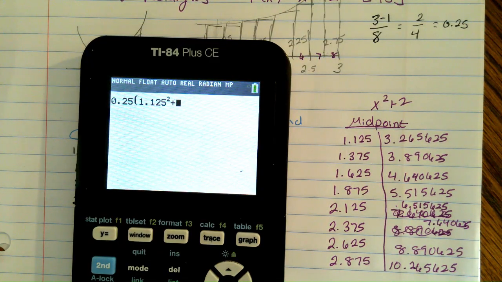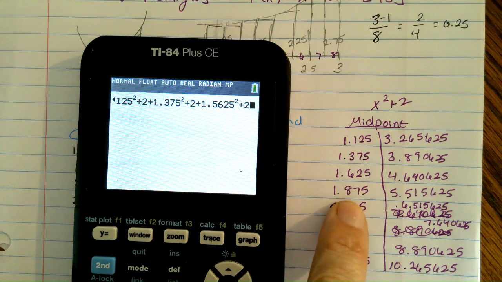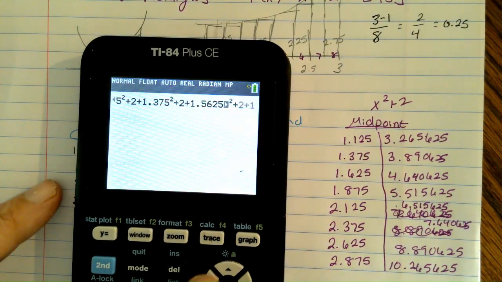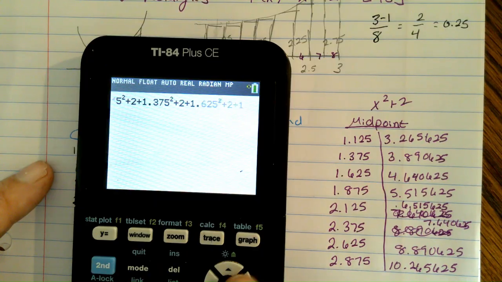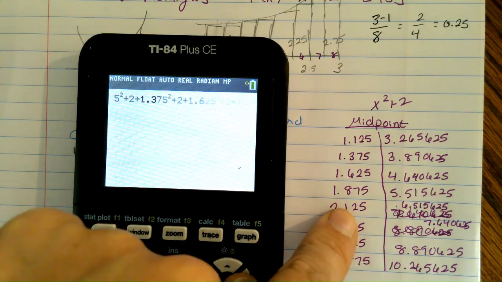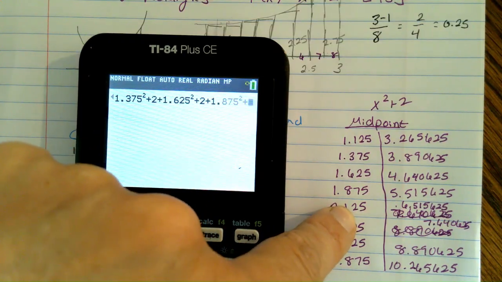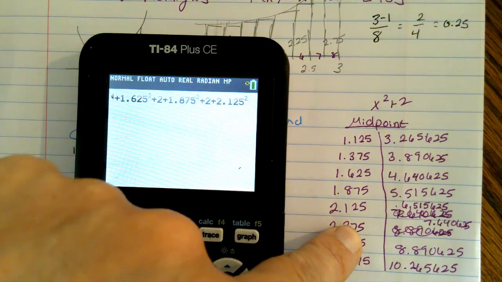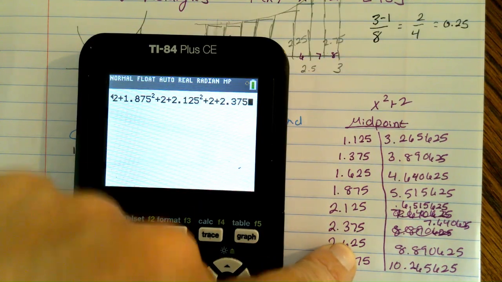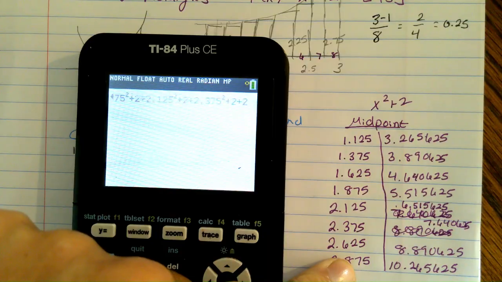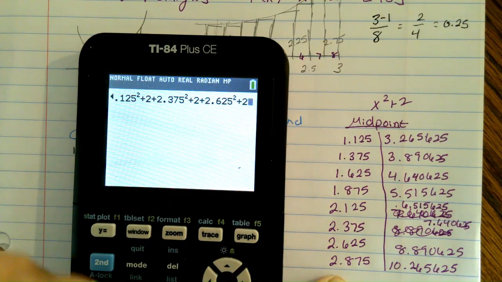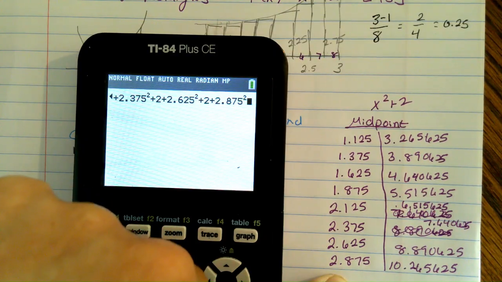1.125 squared plus 2 plus 1.375 squared plus 2 plus 1.625 squared plus 2 plus 1.875 squared plus 2 plus 2.125 squared plus 2 plus 2.375 squared plus 2 plus 2.625 squared plus 2 plus 2.875 squared plus 2.